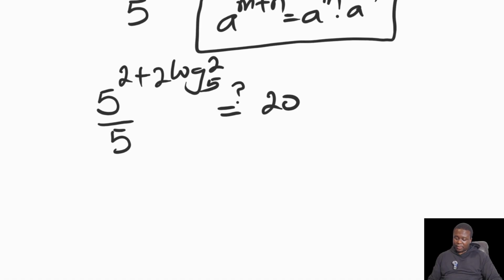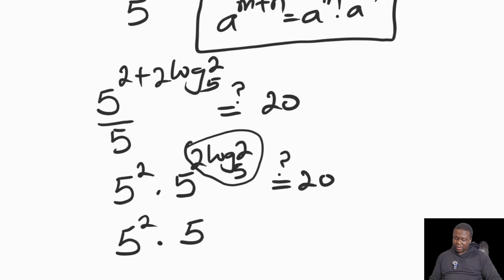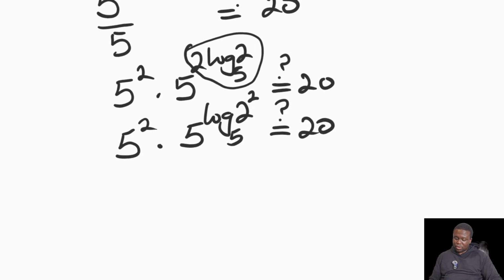Now we have 5 squared dot 5 raised to the power 2 log 2 base 5. We're going to rewrite this section, and that's the same thing as 5 raised to the power log 2 squared base 5. Let's see if that's equal to 20.